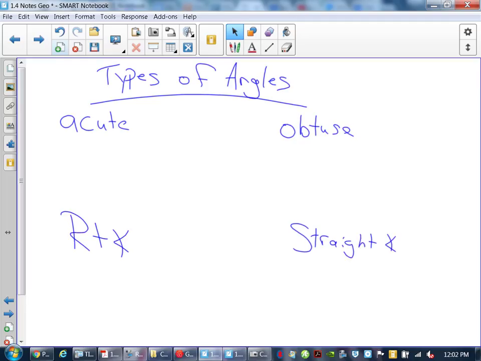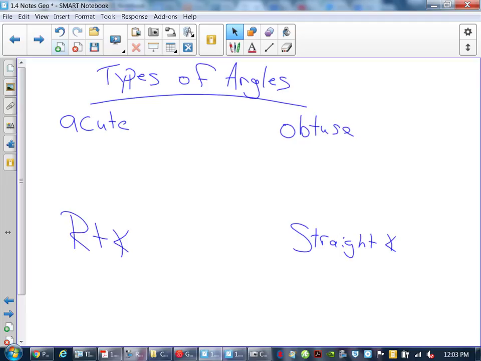All right. What makes an angle acute? Thank you. You were paying attention. Less than 90 degrees. Okay. Can it be -7 degrees? No. Can you have negative angles in geometry?